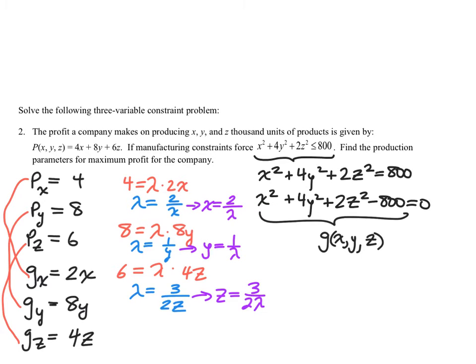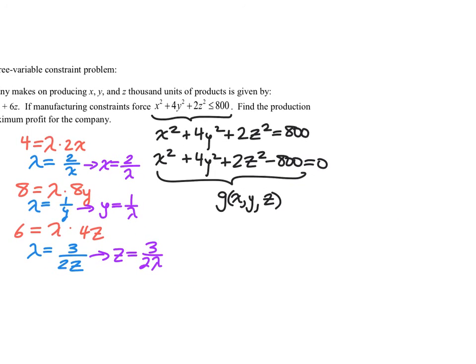So what I know is that x squared plus 4y squared plus 2z squared minus 800 is equal to 0. And now I have what x, y, and z are all equivalent to in terms of lambda. So I can take that entire function and replace each of the values of x, y, and z with a corresponding expression related to lambda.